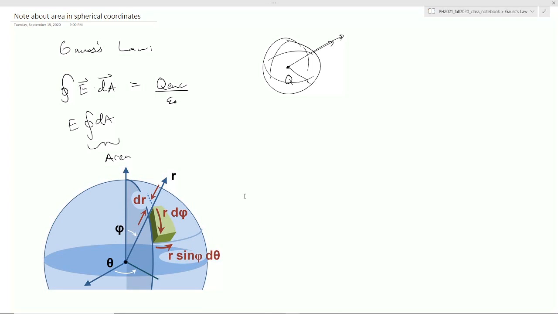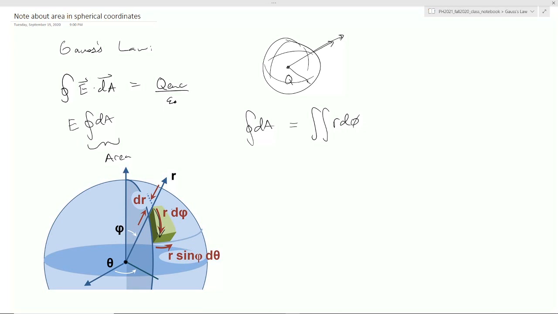The part that I want us to pay attention to is, if you want to find the area, in other words, if you want to integrate over this area, what is that actually? Well, in spherical coordinates, notice here you'd have two contributions. We're not changing r, so r would stay the same, but we have an r d phi piece, so that would be this piece.